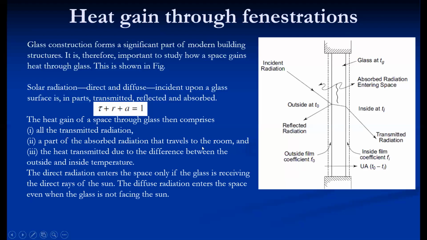The direct radiation enters the space only if the glass is receiving the direct rays of the sun. If it is not directly receiving the solar radiation, then the direct radiation is absent. The diffuse radiation enters the space even when the glass is not facing the sun. So it is always present during the day hours because it comes uniformly from the surface.